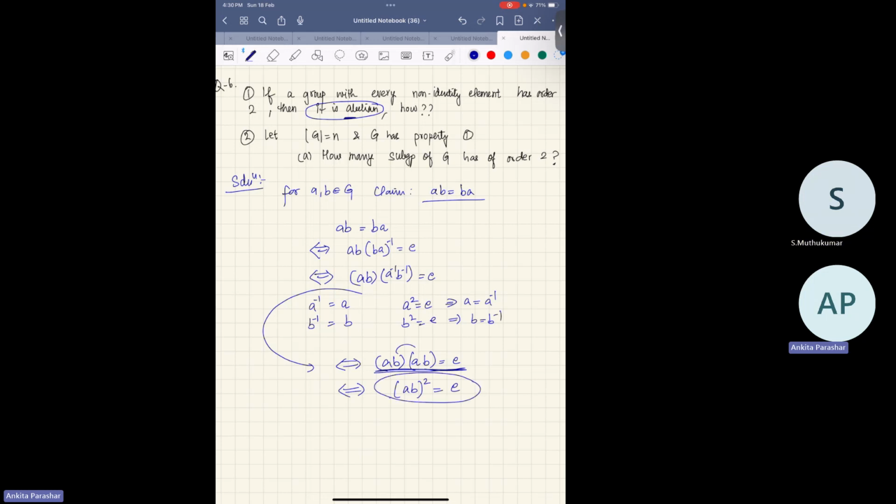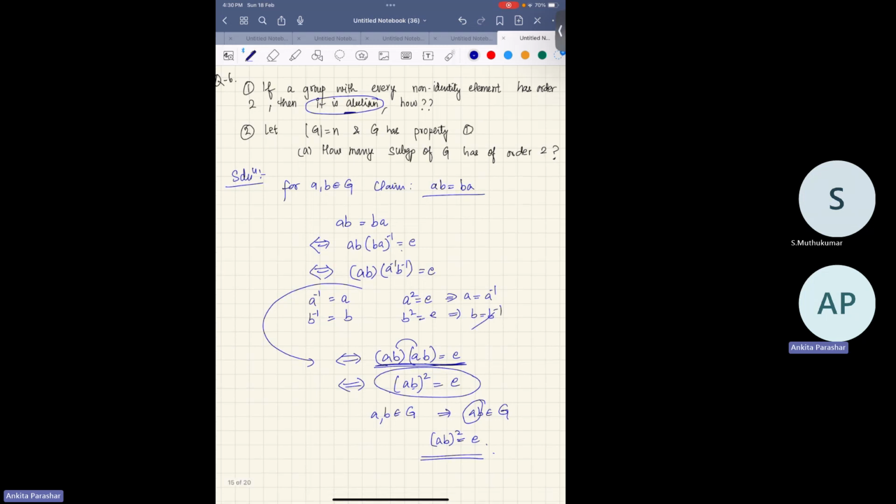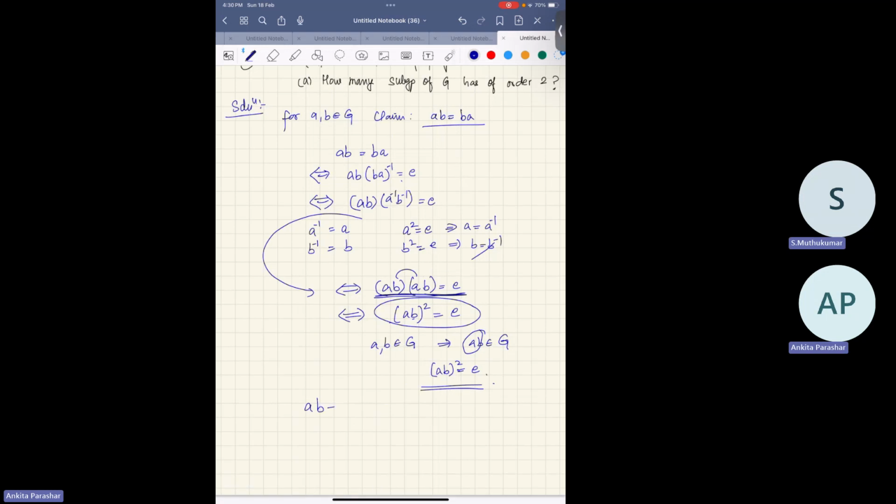You know that A and B being elements of G implies AB is also an element of G, and every element has order 2. Therefore, this is true, so everything is true. That means we have made an if and only if. So finally, AB is BA if and only if AB squared is identity, which is true. Therefore, AB is BA.